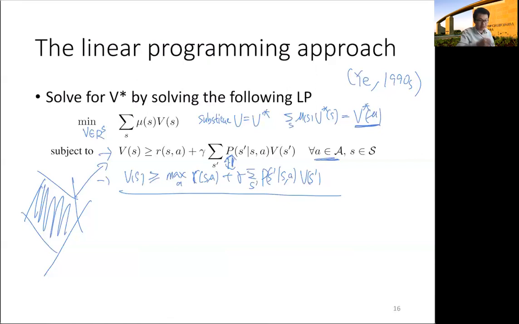Since we're minimizing, the optimal solution will always satisfy the equality. That's the intuition behind this linear program, and it can be shown that its optimal solution is exactly V star.